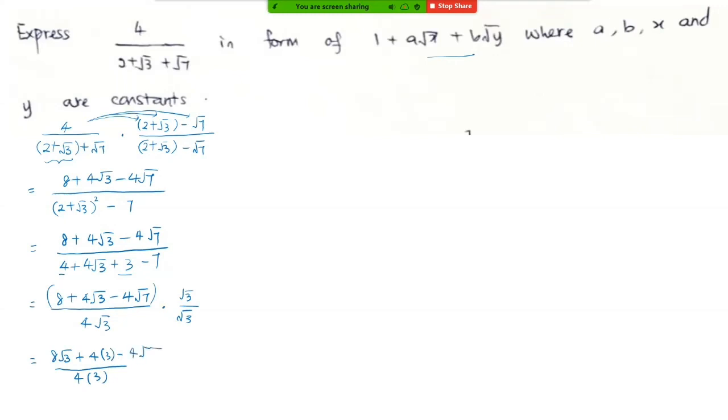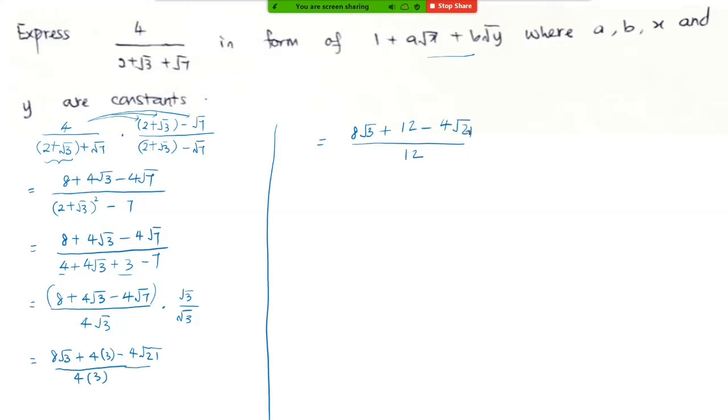We can actually combine 7 and 3 under the symbol of root, so we have 21 in it. We are almost there. So now we have 8 root 3 plus 12 minus 4 root 21, over 12.